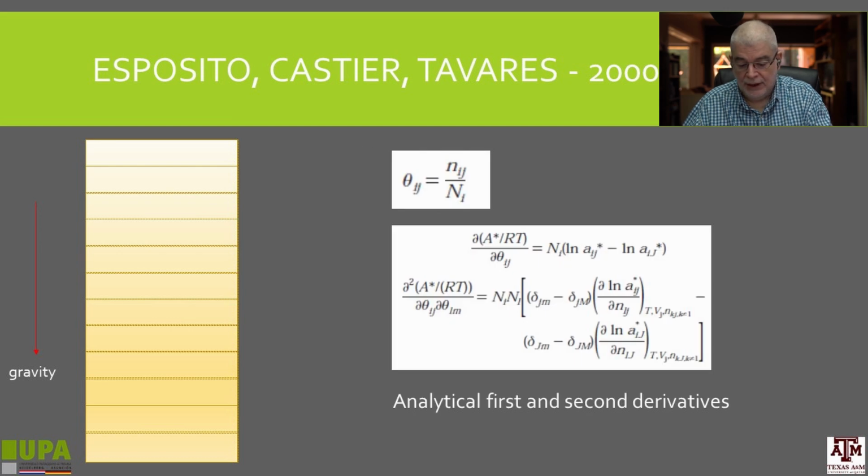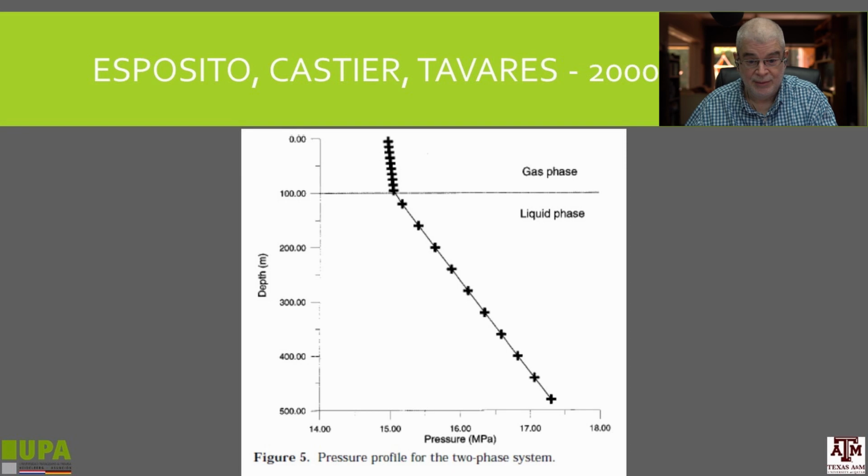So, when we do this minimization, we need the terms of the gradient and of the Hessian, and they were all done with analytical derivatives. And here are some examples of work that we did long ago. So these are the pressure profile with depth. Here the vertical axis is the depth, and the horizontal is the pressure.